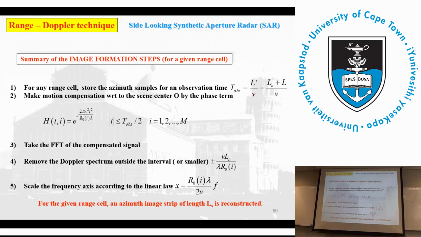For any range cell, I specifically looked at one, I store the azimuth samples for an observation time, t_obs, and this contains (Ls plus L) divided by D, where Ls is what I consider the in-scene scatterers. So that's the extent of the image I'm going to obtain that I consider a good image.